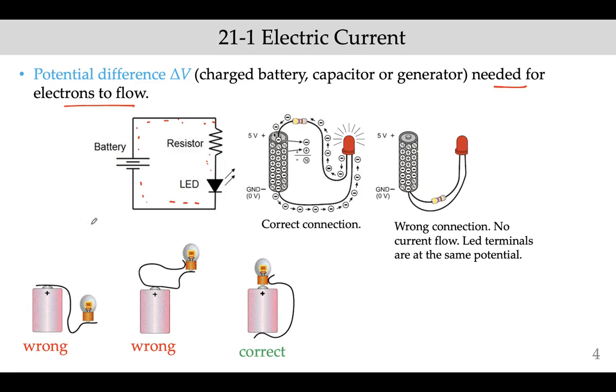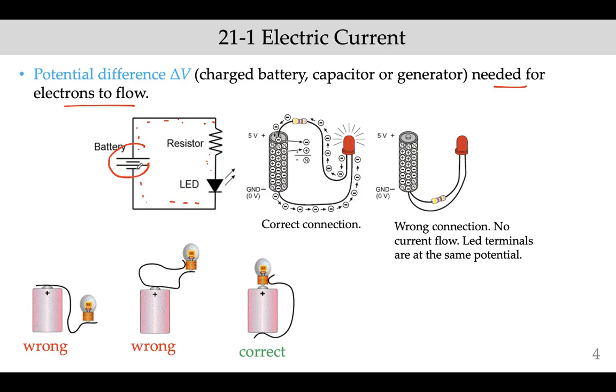If you want to move the water, you can connect some pump to the hose or to the pipe, and that pump would not create water, but it would just move the water in the pipe or in the hose. So basically the potential difference created by the battery moves the electrons in the wire.